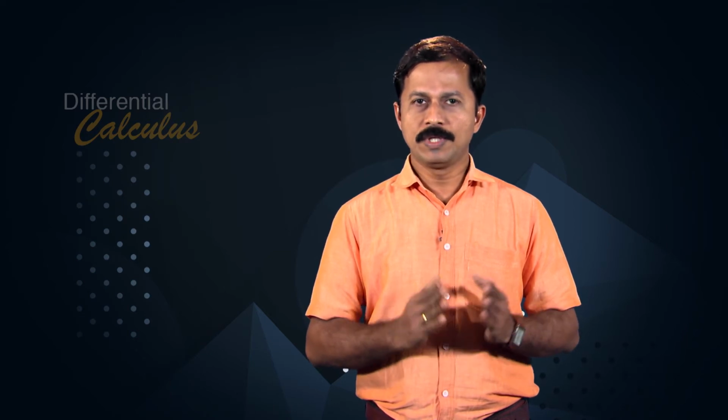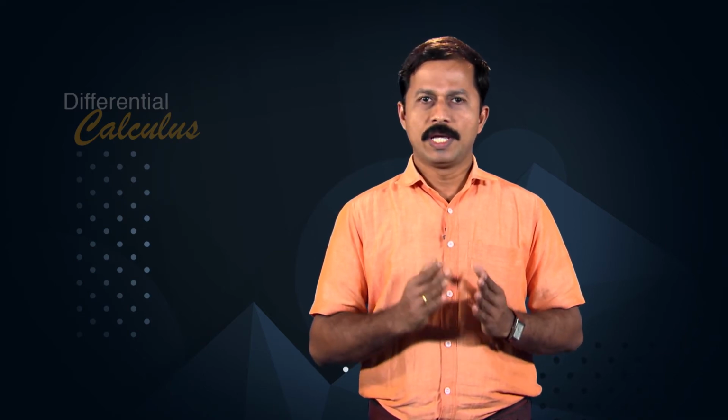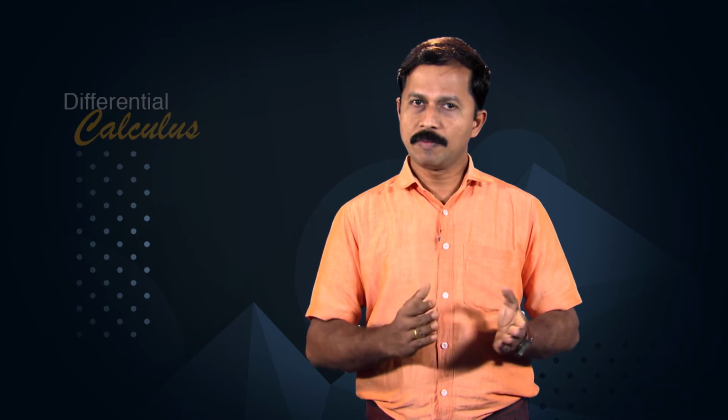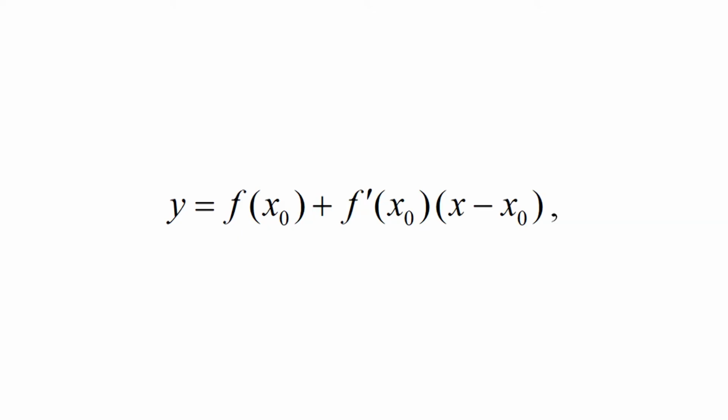As observed in the case of the parabola above, the line that best approximates the graph of f in the vicinity of the point P with coordinates (x naught, f of x naught) is the tangent line to the graph of f at x naught given by the equation y is equal to f of x naught plus f prime of x naught times x minus x naught, provided f prime of x naught exists.